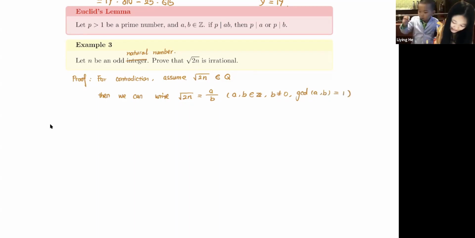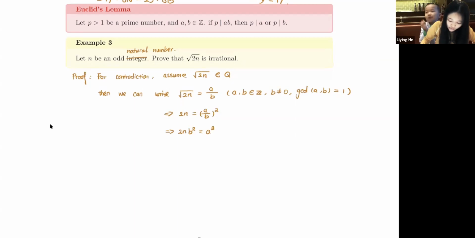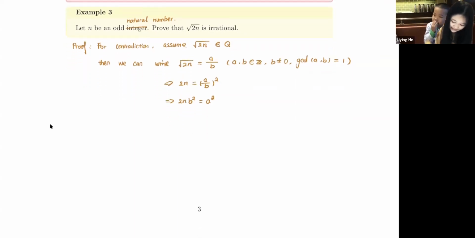Then we can write this as 2n equals a over b squared, which means we have 2n b squared equals a squared. Okay? So when we reach here, this means that 2 divides a squared.